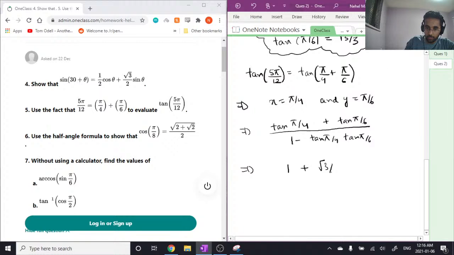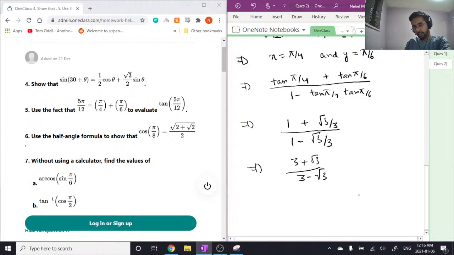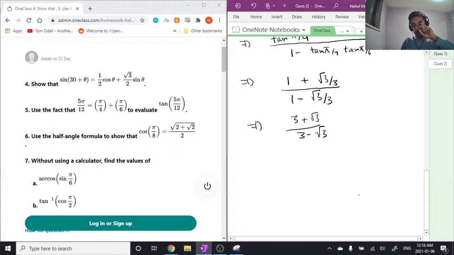The reason we're doing this is every time we have a square root term in the denominator, we can go ahead and use this trick. 3 whole square minus 9 minus 3. So essentially it's 3 square minus under root 3 square, which is equal to 3 plus under root 3 squared over 9 minus 3, which is 6. So that is the final answer.